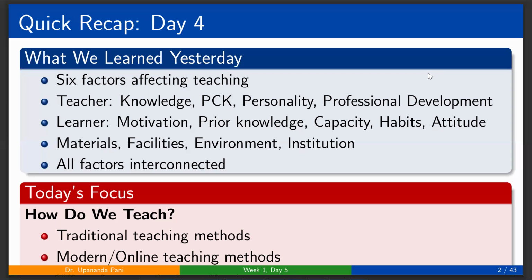We'll do a quick review of day 4. What we learned yesterday: there are 6 factors which affect teaching. For the teacher it's knowledge, PCK, personality, professional development, and for learners it is motivation, prior knowledge, capacity, habits, and attitude.